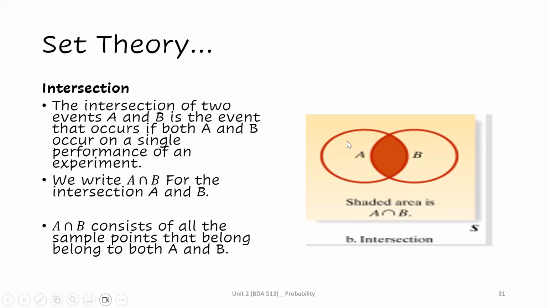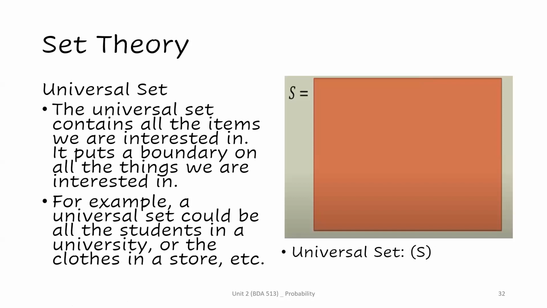Supposing the deep shaded area is the intersection, that is the intersection of A and B. Remember that they are all in the sample space. So in this space you have A and B, and the intersection is the deep shaded area. So we have union, we have intersection.